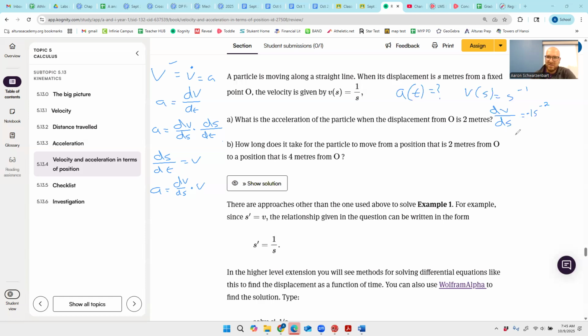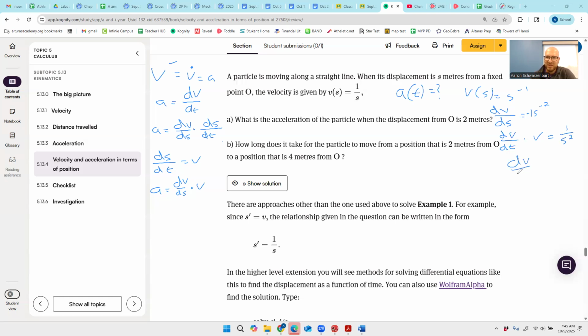dv ds is equal to dv dt times v, which equals 1 over s squared.